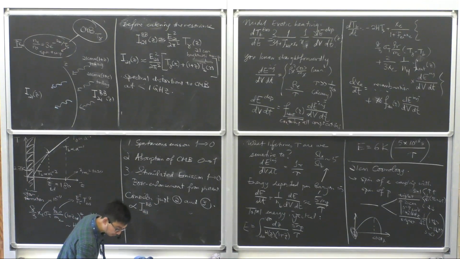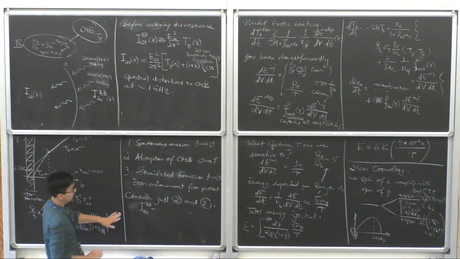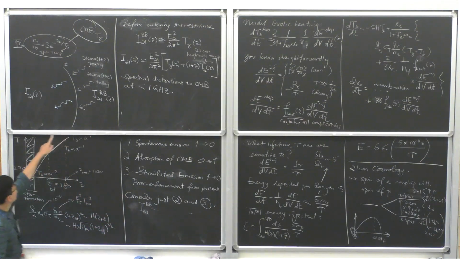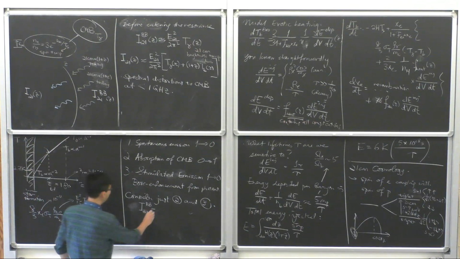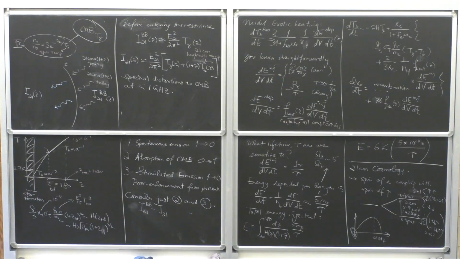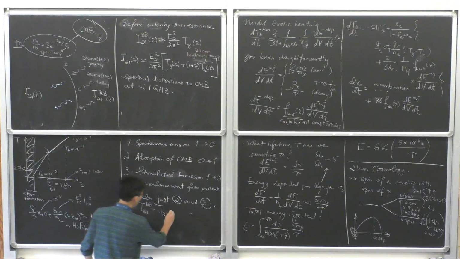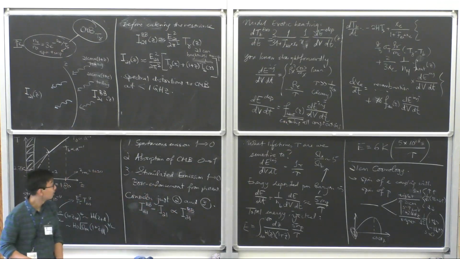What I want to say is that the absorption, the net absorption due to processes 2 and 3, right, which is I21 BB minus I21. So that's the change in the intensity. For processes 2 and 3, these must be proportional to the number of photons that you actually put in, right?